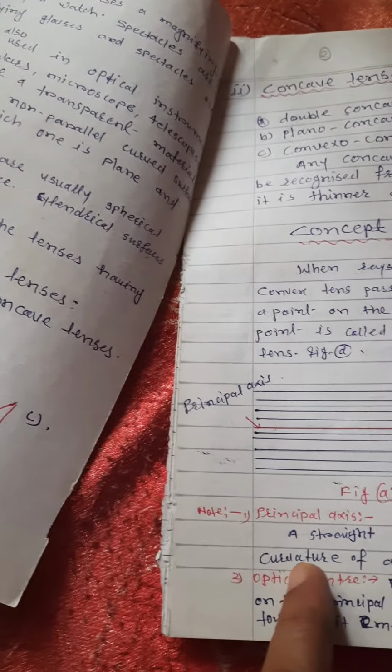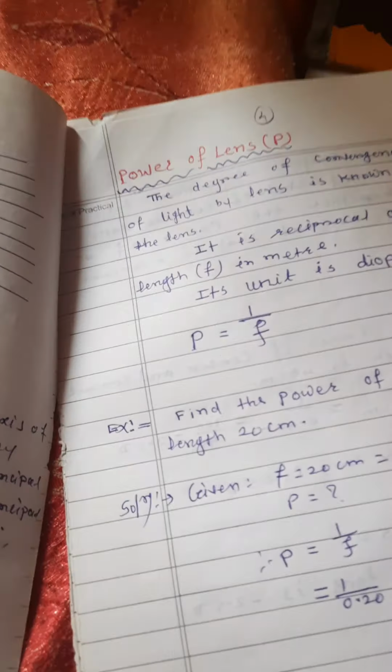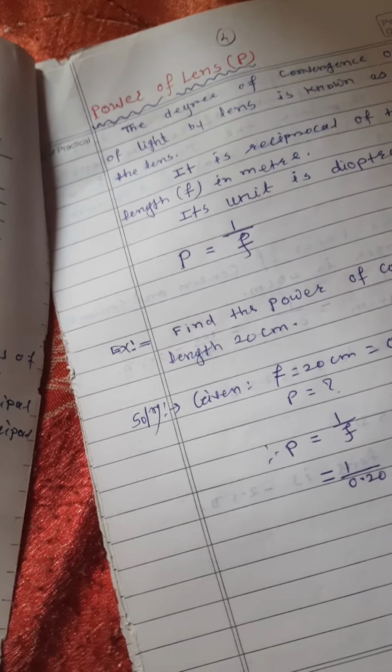Then the principal axis means a straight line passing through the centers. So this is the principal axis, or this is the optical center. Then this is the focal length of the lens, which is shown for the concave lens like that.